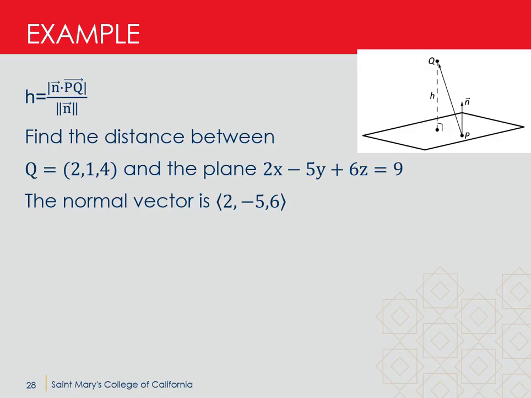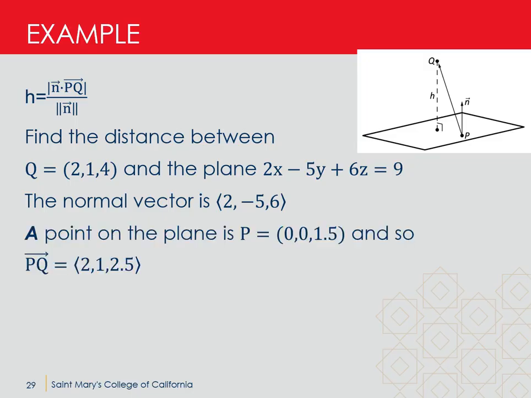But then we do need a point on the plane. There's infinitely many options, there's all kinds of things we can do. It's not quite as straightforward as with the lines, but it's not too bad either. I think the easiest thing to do is think of a point on the plane, just take the x and the y to be 0 and see what the z should be. That also makes our math pretty easy, I think.